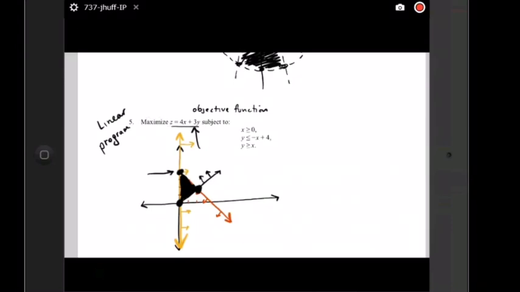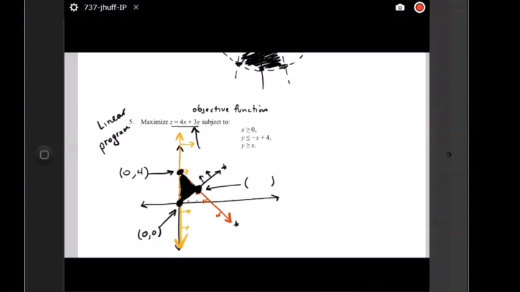So we need to find each location there. Some of them are easier to find. Like that one obviously is 0, 0. This one here is 0, 4. That one there is the intersection of two lines. We have this line and that line.